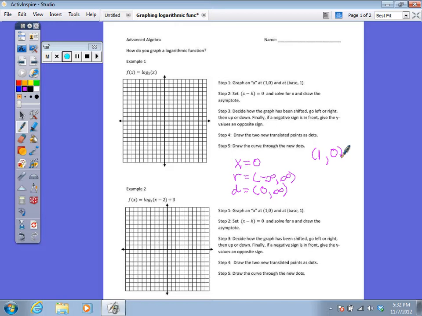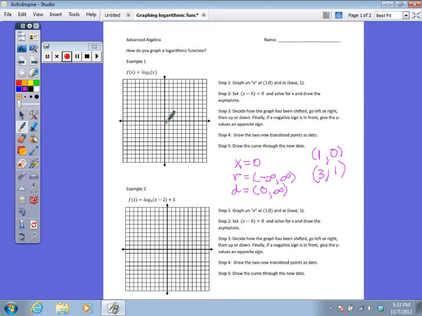When the exponent equals 0, then whatever the base is, the number will equal 1. The other exponent we're going to graph is the exponent of 1. And whenever your base is to the first power, it does equal that base. This is base 3, so we're going to graph these 2 points, (1, 0) and (3, 1).